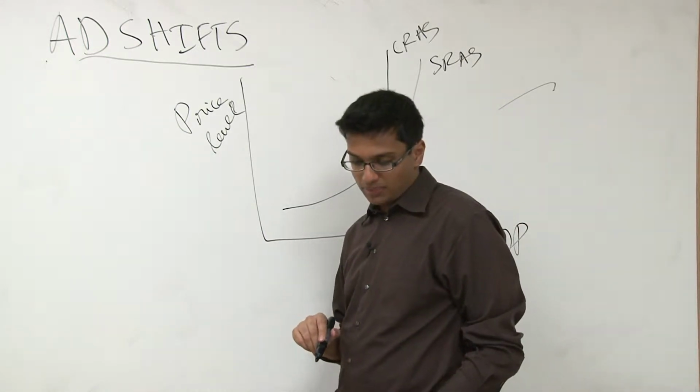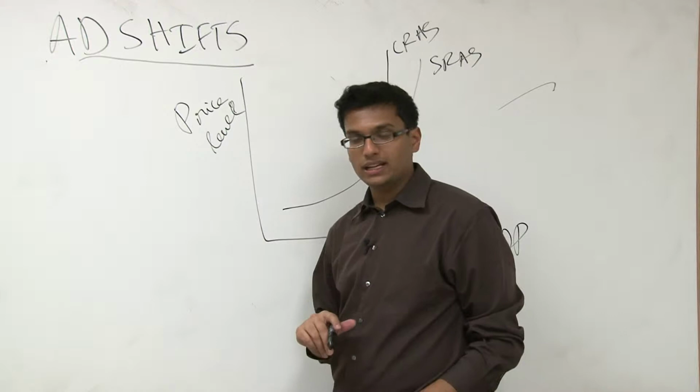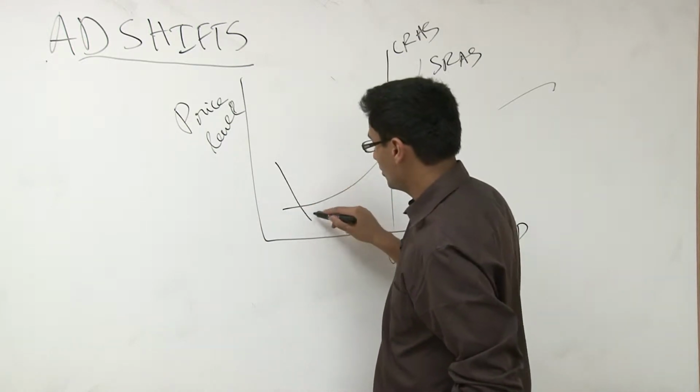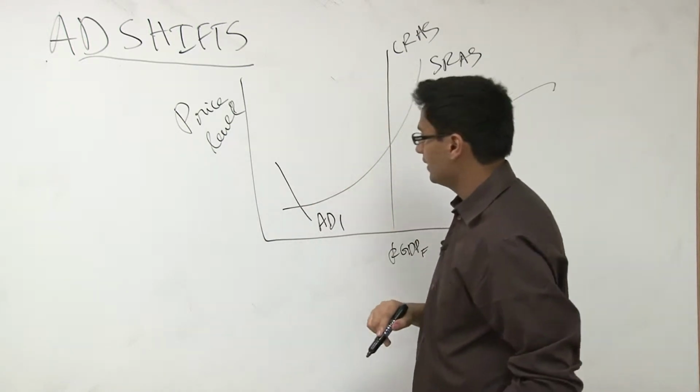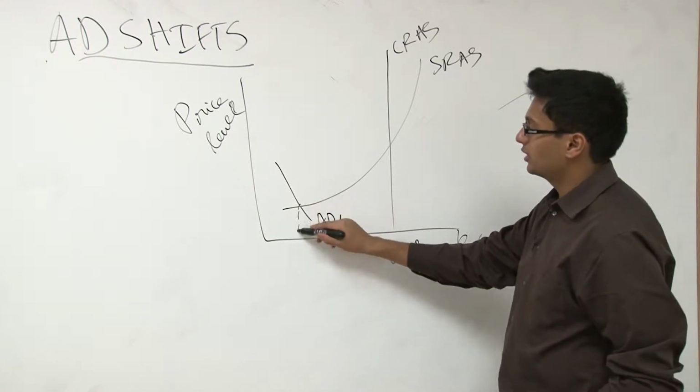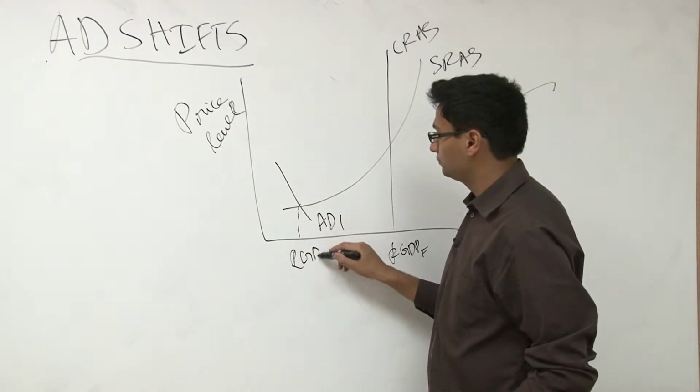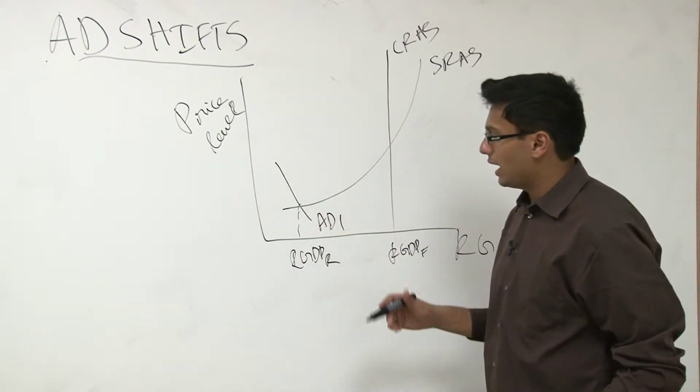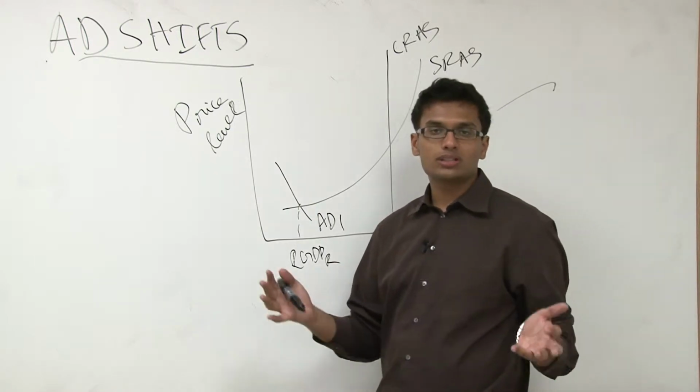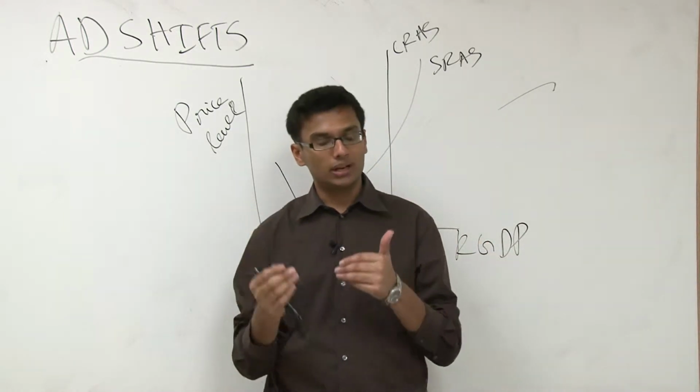So what happens when we shift AD? Let's say that we're in a recession, at AD1, and we're at this particular point, RGDP-R. What happens in a recession? Remember, when you're in a recession, what does the government have to do? The government has to spend more money.